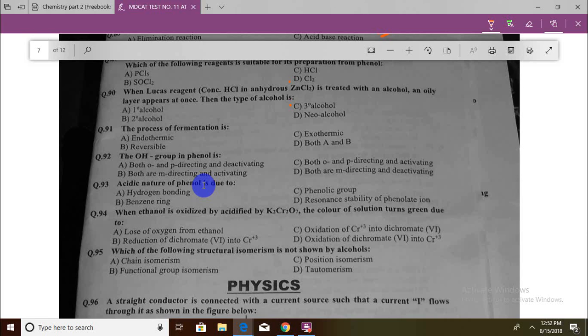But is it activating or deactivating? It's certainly activating, even though we would expect it to not be that way because it's electronegative. But the reason is that one of the lone pairs of the O is delocalized in the ring, and so that makes it an ortho-para directing activating group.